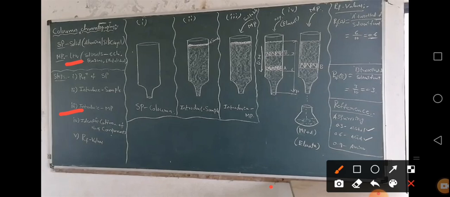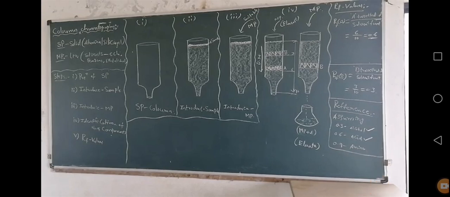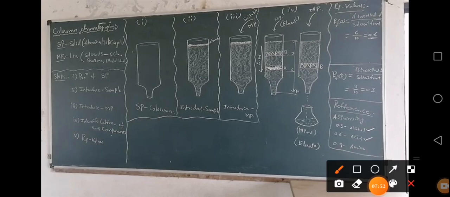After selecting the suitable solvent, we introduce it from the upper side. See here in diagram 3. Same as shown here, we introduce the mobile phase from the upper side of the column. If you pour the mobile phase from here, it will ultimately move downwards.